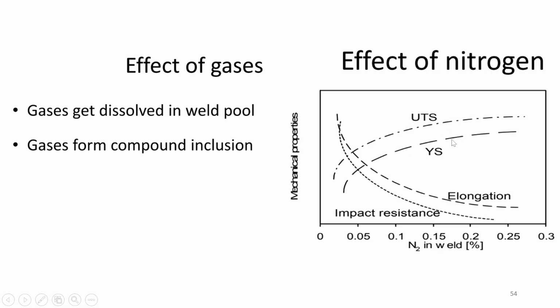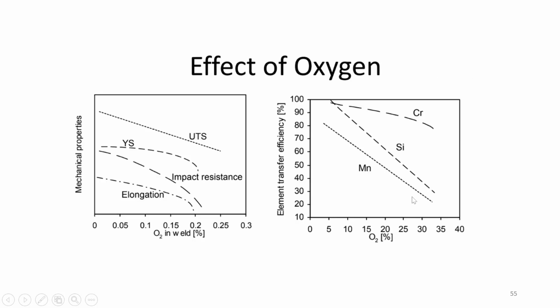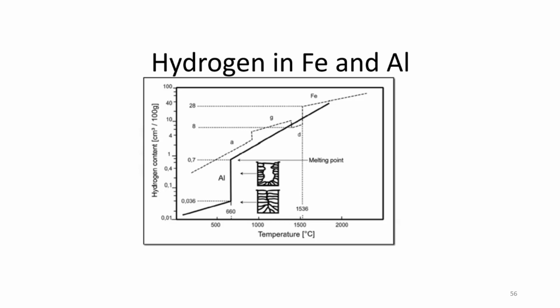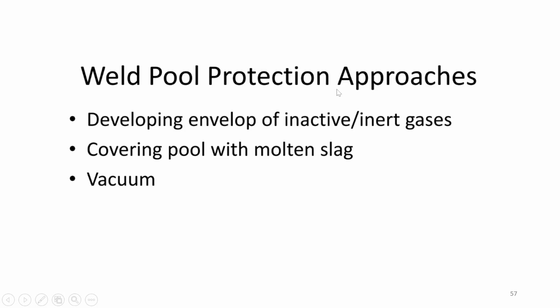It will increase in case of nitrogen, while elongation and impact resistance decrease. While in case of oxygen, all of these properties deteriorate with increasing oxygen amount. Hydrogen content also keeps on increasing with increasing temperature because of the high solubility at the higher temperatures.